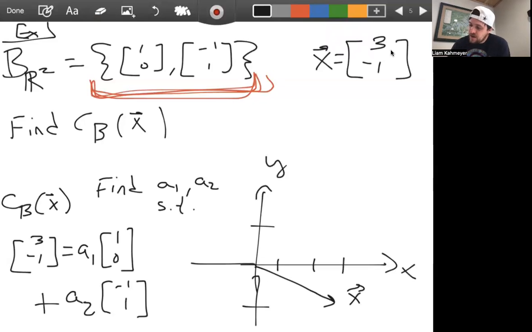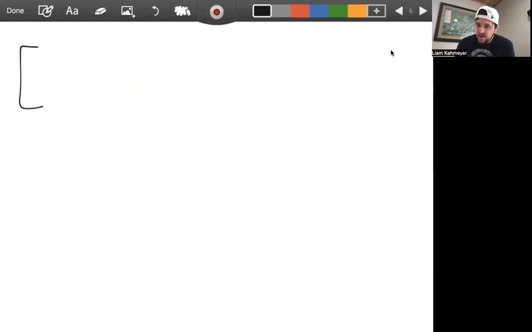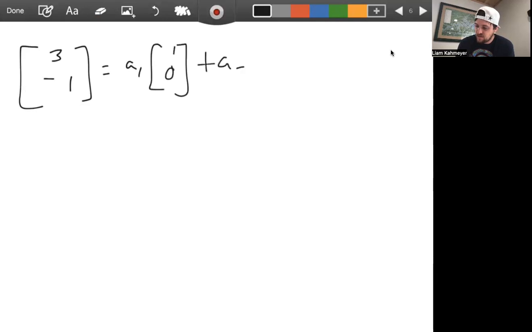And you can see here, to find the coordinate vector with respect to this basis, we just need to solve the following system of equations. (3, -1) equals a1 (1, 0) plus a2 (-1, 1). We have a system of two equations with two unknowns.